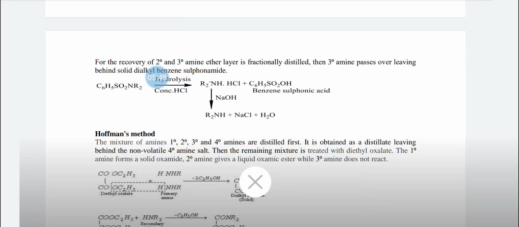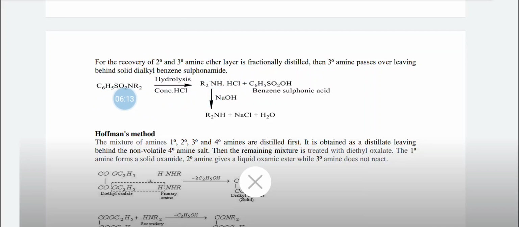Then for the recovery of secondary and tertiary amines, the ether layer is fractionally distilled. The ether layer contains both the tertiary amine and the product of secondary amine, which can be fractionally distilled, and the tertiary amine passes over, leaving behind the solid dialkyl benzene sulfonamide. This can be separated by filtration also, since the dialkyl benzene sulfonamide is a solid.